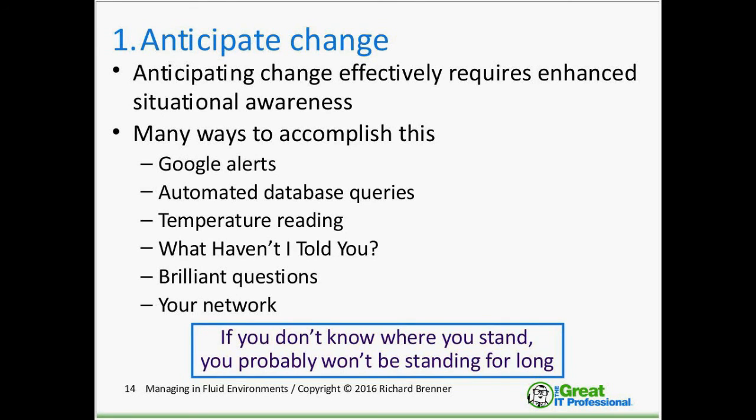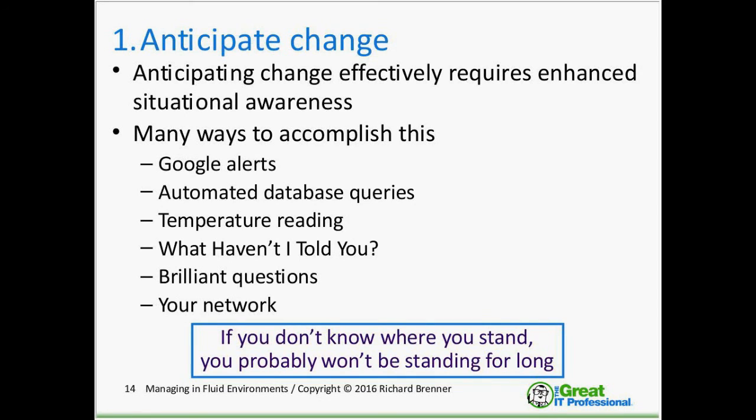So we need to know how these indicators can fool us and how to ignore the ones that don't matter. And finally, we have to know as much as we can about what's happening around us. These 4 items are fundamental to what some people call situational awareness. It's really pretty simple when you describe it that way, but it's not easy to do.